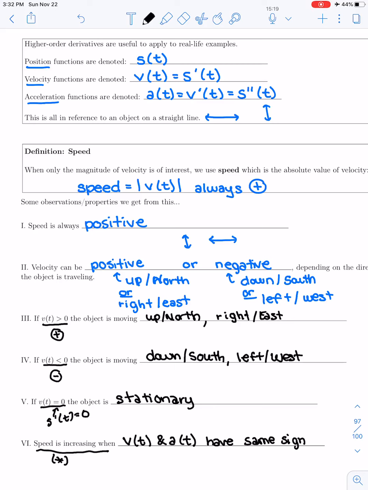So if we made a sign chart with each of them, it would be where their signs matched. So they would both be negative, and then speed is increasing, it's speeding up, because both velocity and acceleration are negative on that interval. Or if they're both positive, it would be speeding up, or speed is increasing. Slowing down would be when they had opposite signs.